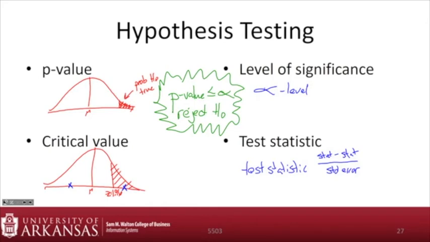I just don't have enough evidence to say that's not it. So I'm not accepting it as the truth. I'm just saying that I don't have enough evidence that it's not the truth. The whole innocent until proven guilty thing. You may have committed the crime. I just don't have enough evidence to say that you committed the crime.